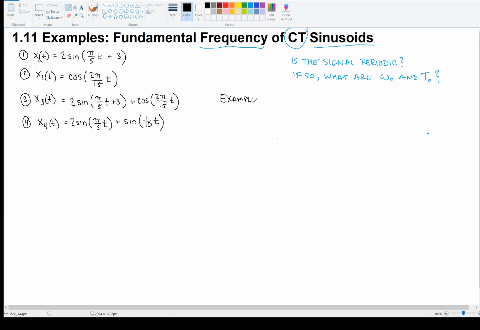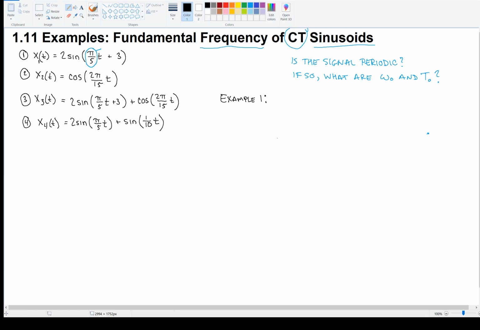First, you should know from high school math that sines and cosines, continuous sines and cosines, are always periodic. You should have graphed these and looked at the graphs so many times and seen that it repeats. The key here, in example 1, we just have a sine, and the key is this number that's multiplying the independent variable t.